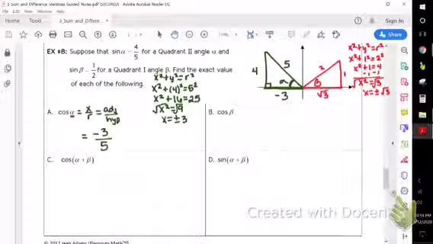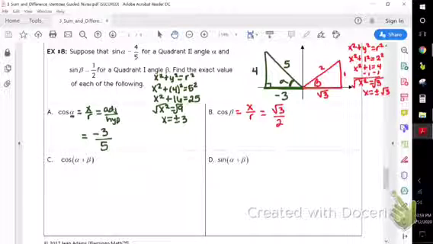So there's cosine of alpha. What about cosine of beta? Again, cosine is x over r. When I look at beta, my x value was the square root of 3, and my r value is 2, so there's cosine of beta.